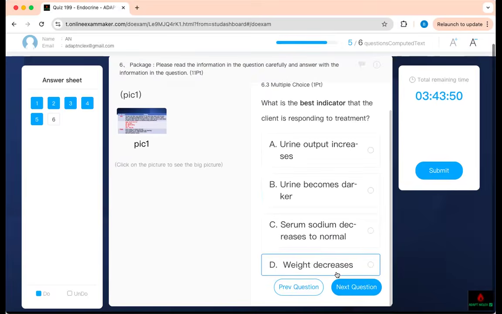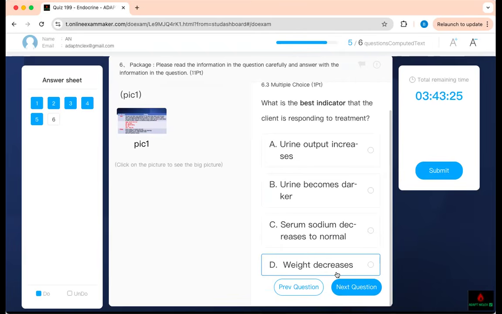What is the best indicator that the client is responding to treatment? Think about it. Go down to the content. Central diabetes insipidus: they're peeing too much. The urine concentration is low. Serum osmolarity is high. If you give them desmopressin, what is going to happen? Their urine output is going to decrease. Then it will return to normal.